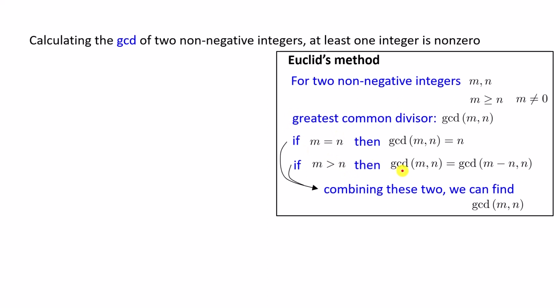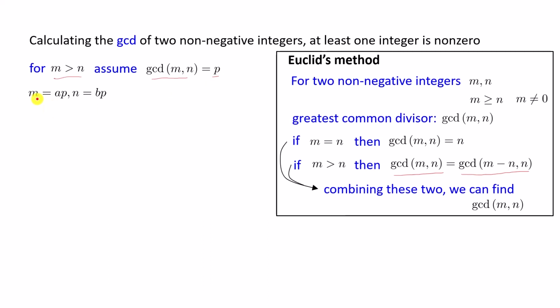So first we ask the question, why is this step, that GCD of m and n is equal to GCD of m minus n and n, true? So let us say that for m greater than n, this GCD of m and n is p.